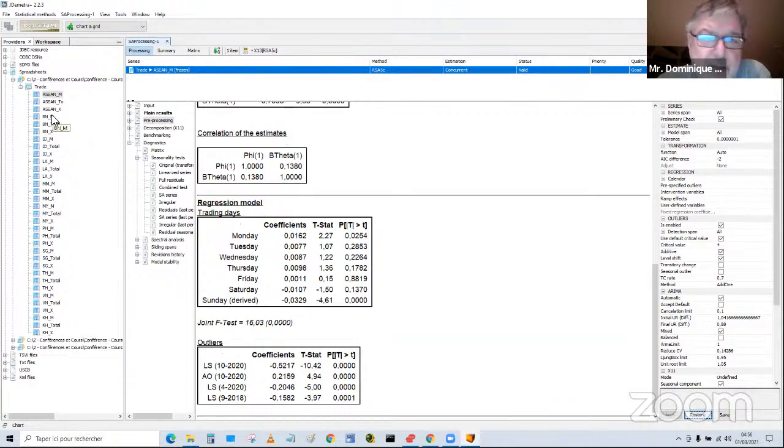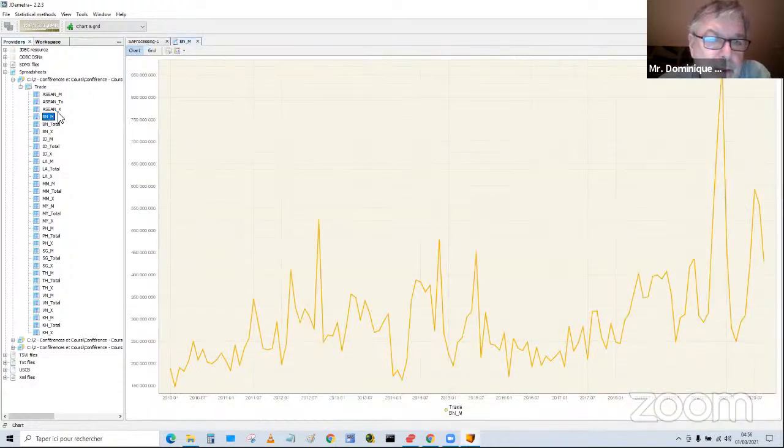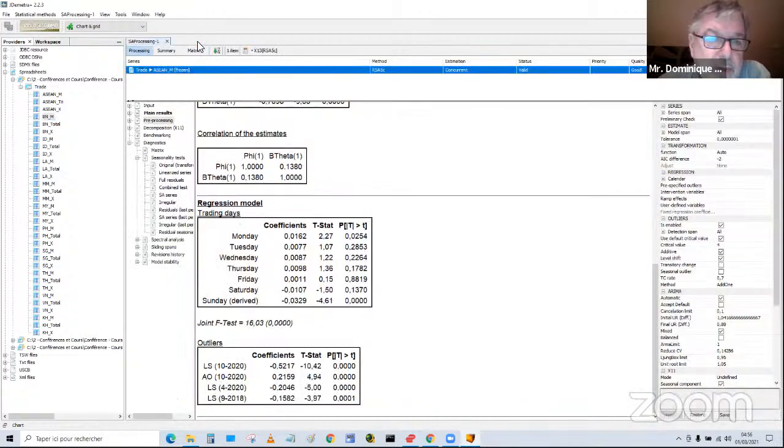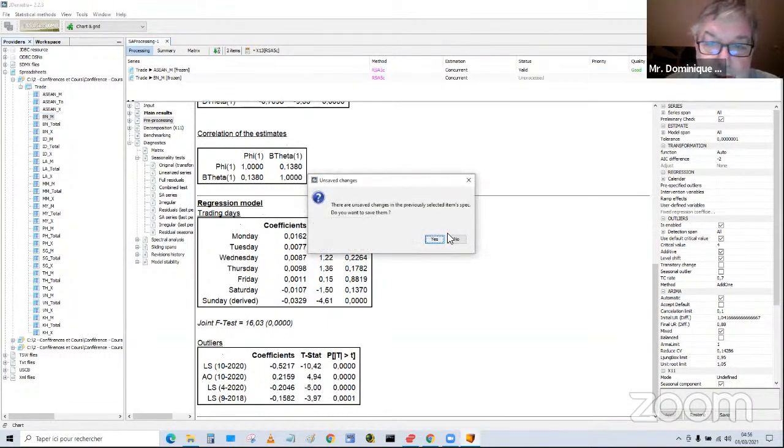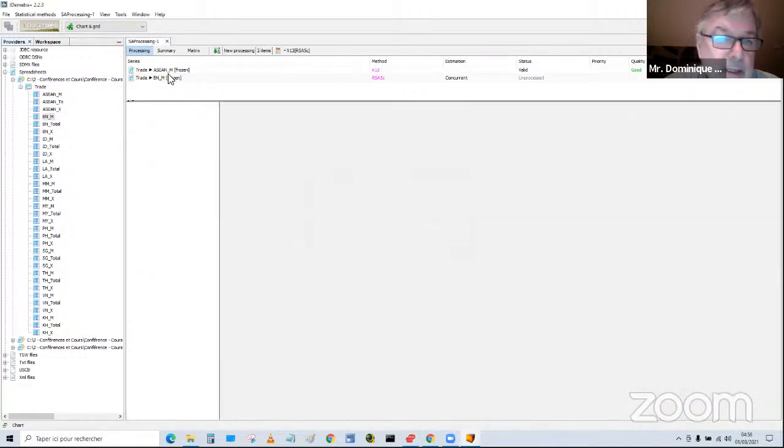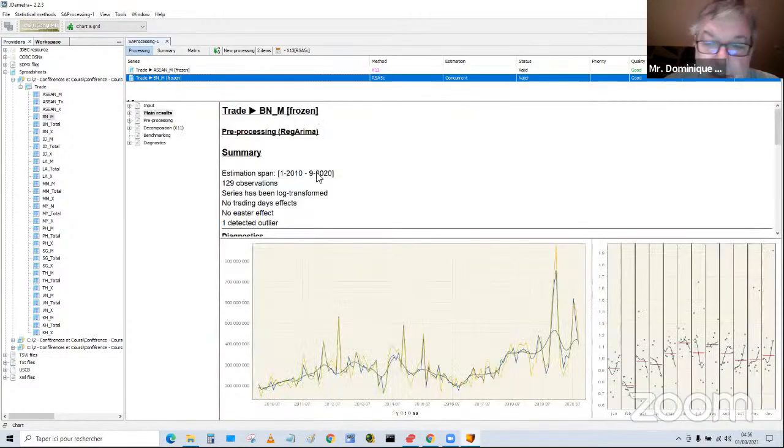Don't misunderstand me, I'm not judging anyone. So if I take Brunei, this is the data from Brunei, but it's a small country, so I have to put it in my scale, I guess. Yes, I will change them. So I click on Brunei. Now I have that.